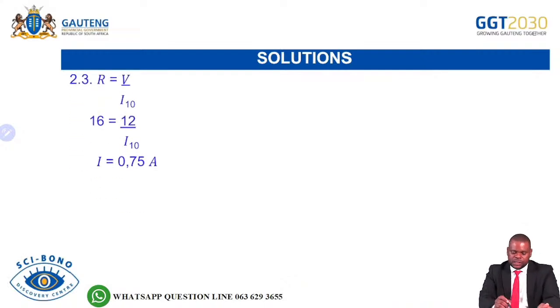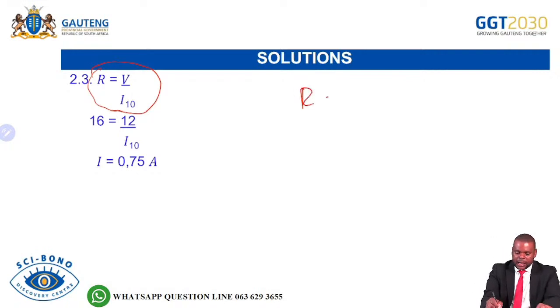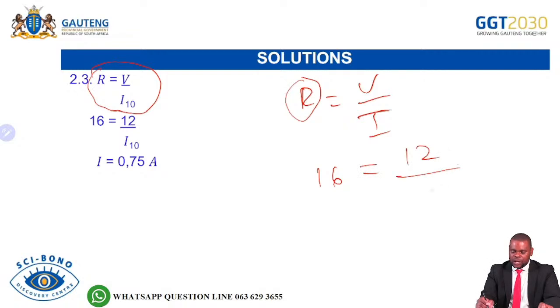Remember, the formula that you see here is the formula that we saw in grade 11, Ohm's law. We say R is equals to V over I. Are we together? Then our R is 16, which is equals to the voltage, 12, over the current, which is I.